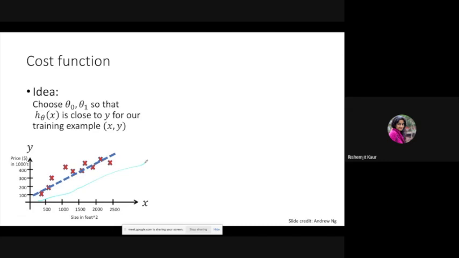Sorry, it's not a straight line. Then in this case, you will see that the errors are actually quite a lot. The errors between what you predict and what the actual data says will be quite a lot. So this will not be a very good fit. So we want something which will help us minimize these errors, which in this case are the vertical distances.